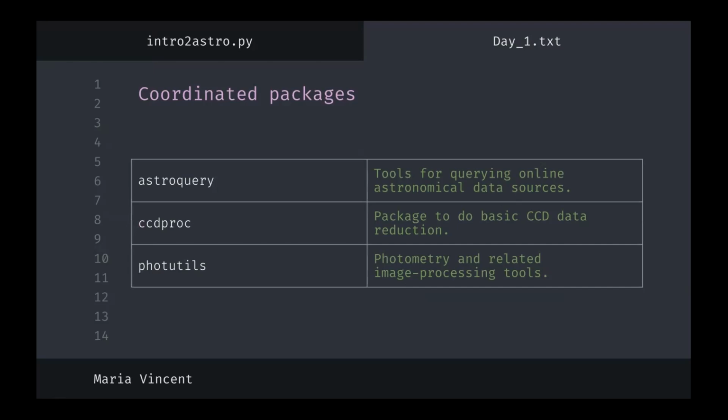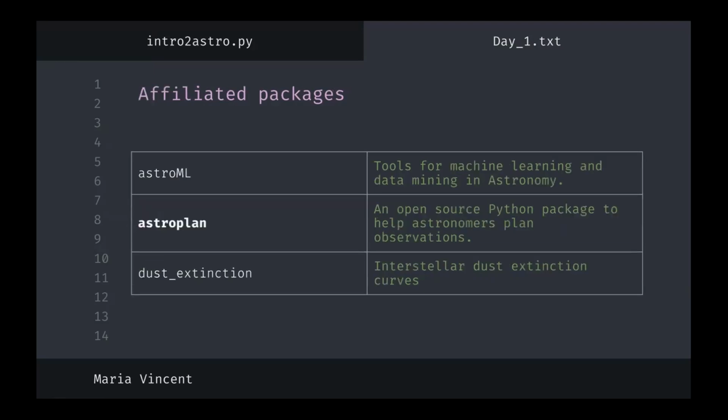Photutils is for photometry. Affiliated packages are other astronomy packages that are not maintained by Astropy, but you can use them with Astropy. AstroML is becoming increasingly common as a lot of people are using machine learning in astronomy. Astroplan is something that you could use to plan observations.